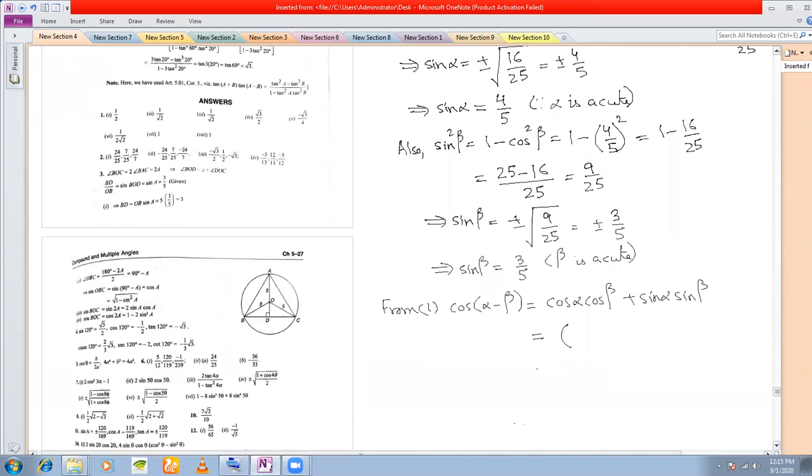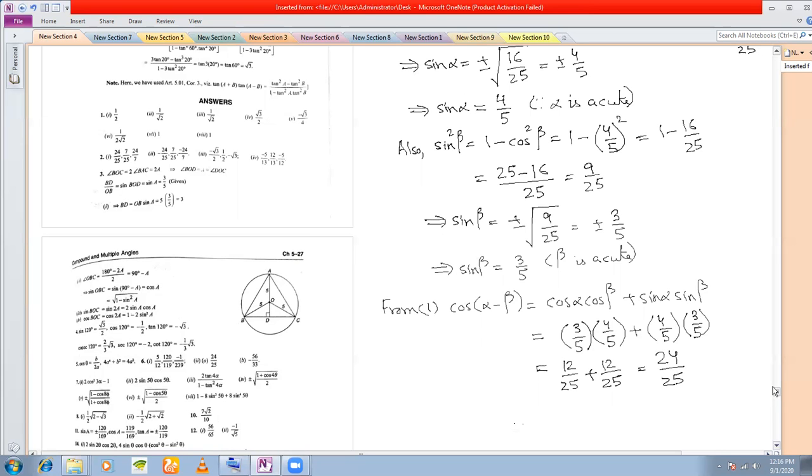So put the value 3 by 5 and 4 by 5. And sin alpha we have calculated as 4 by 5, and sin beta we have calculated as 3 by 5. So what is the value here? 12 by 25 plus 12 by 25, which is 24 by 25.